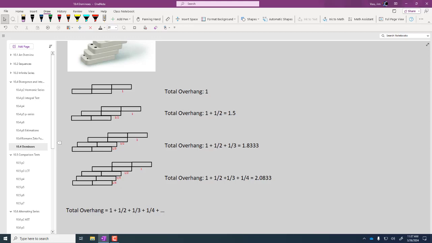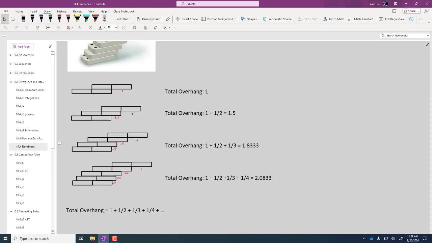If we take those 2 dominoes and place them right there, the center of mass is going to be right over here, right on top of the edge, which is as far as you can go before it tips. And so now we have 1 plus a half as the overhang. Total overhang is 1 1/2. And then we do it again. We take those top 3 and we place it so that the center of mass is right there.